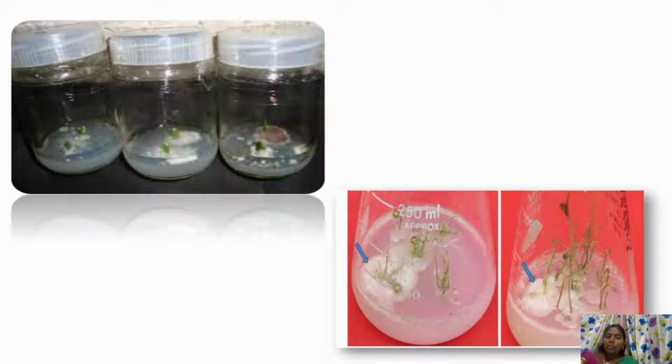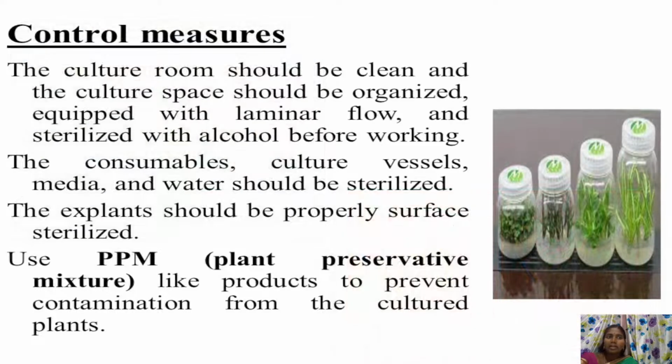How to overcome this? It can be avoided by completely maintaining or improving our sterilization techniques. The room should be clean and the culture space should be organized, equipped with a laminar flow, and sterilized with alcohol before working.